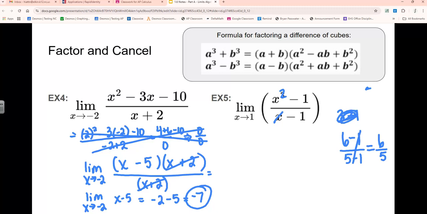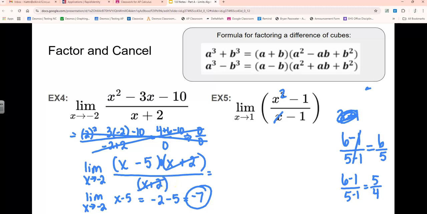Is that correct? 6 minus 1 over 5 minus 1 should be 5/4, which is not 6/5, right? So, when there are plus or minus signs, we cannot cancel. Right here, yes, there were some plus or minus signs, but not between the things that we were canceling, right?